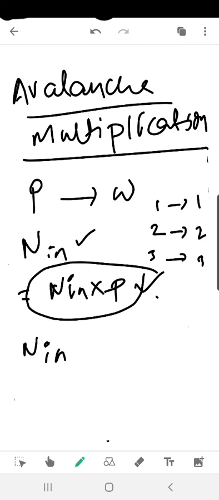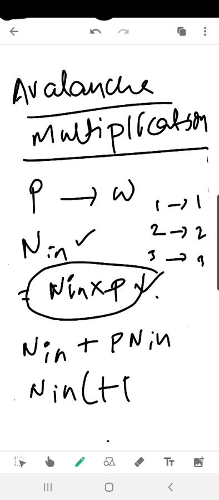So the total number of electrons will become n in plus p times n in, or I can write it as n in into 1 plus p. Fine. Now this n in into 1 plus p is the new number.